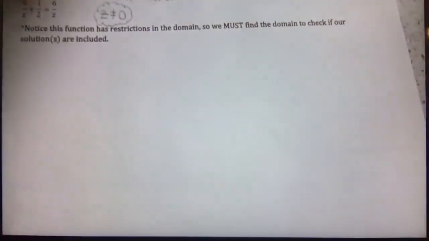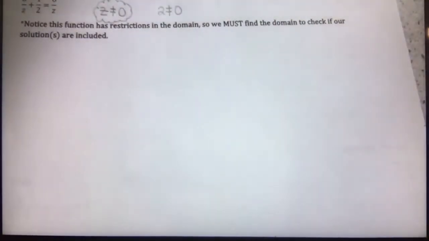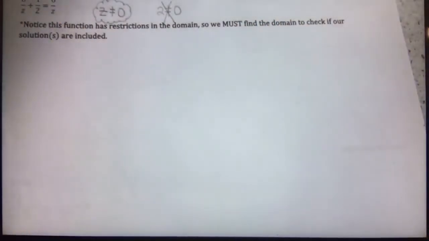I'm just going to circle it so I don't forget it, but I'll come back to it in the end. 2 cannot equal 0. That tells me nothing about z. 2 is never going to equal 0, so I don't even care about this one. Our last one is z cannot be 0. It's already there. So it took 2 seconds. We found the domain. We're going to come back to it in the end. That's our first thing.